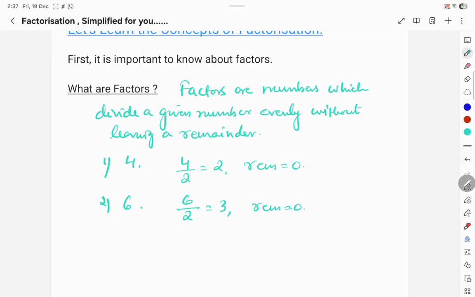So in this case what we can say is 2 is a factor of 4. Similarly 2 is also a factor of 6.